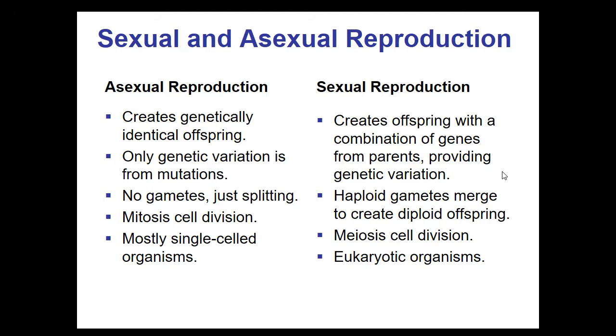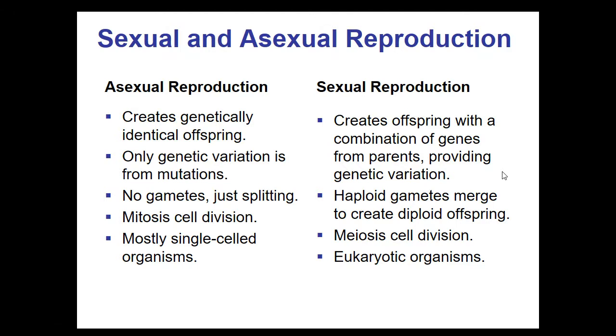They're going to have some of your genes and some of the other parent's genes. But in asexual reproduction, the offspring are just like the parents, unless some kind of genetic mutation happens during the reproduction.